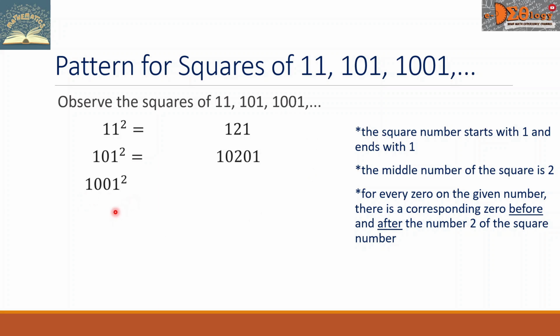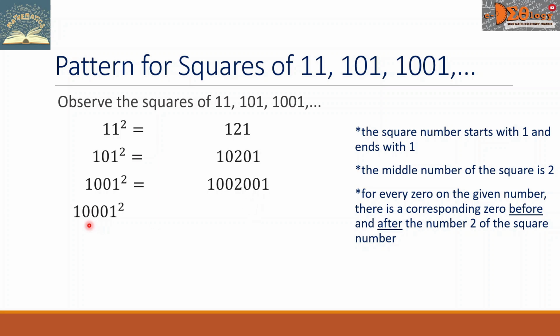Let's see 1001 squared. This is our answer. The square number starts with 1 and ends with 1. The middle number is 2. And then, since there are 2 zeros in the given number, there are also 2 zeros before the number 2 and after number 2.